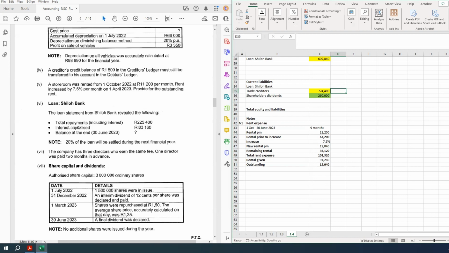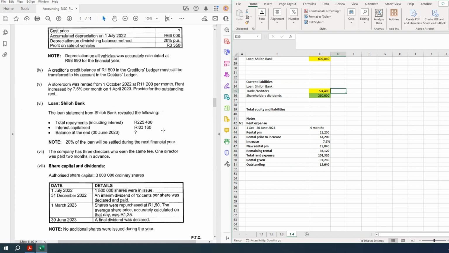Okay, the loan statement from Shilo Bank revealed the following. Remember, the loan statement is essentially what you would get from the bank. So you've borrowed money from the bank, and either at the end of the month or at the end of the year, you can request a statement from the bank, and they'll provide you with the statement showing effectively how much you are owing, how much you've paid, and what is the interest that they've capitalized on the loan.